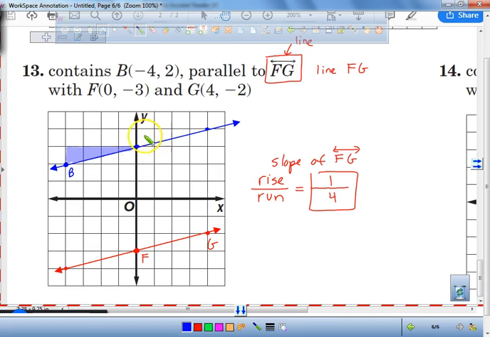I'm saying it over and over, trying to drill it into your brains. My proof is not just doing the algebra, but also drawing the graphs and showing the same rise to run ratio. It goes up 1/4, that goes up 1/4. So those are parallel lines.